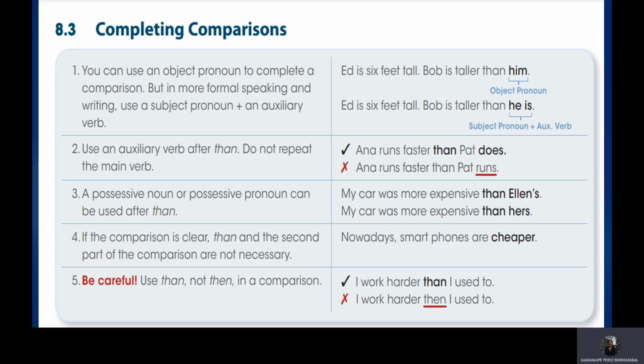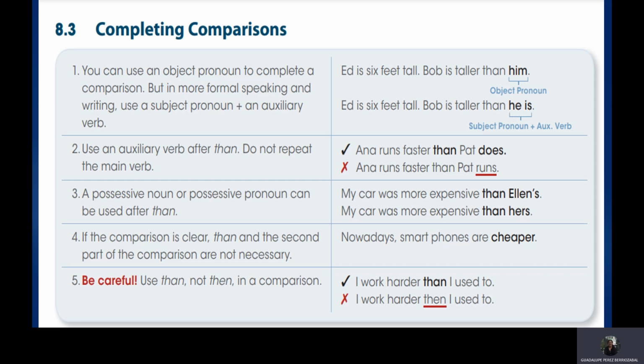We conjugate the auxiliary in the time that we are talking about. In this case, we are talking about the present, so we use does, the third person. It is incorrect to say Anna runs faster than Pat runs because we are repeating the same action. Okay.